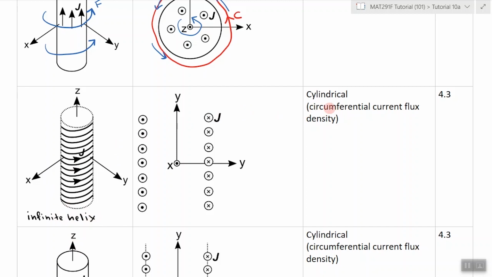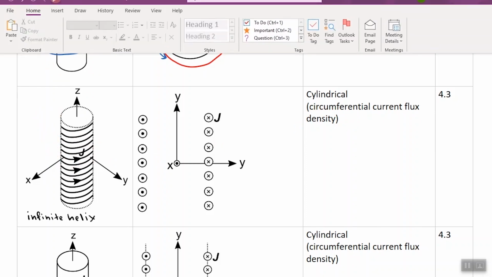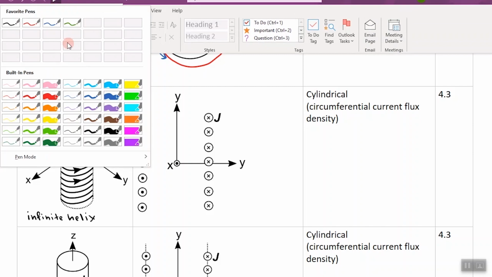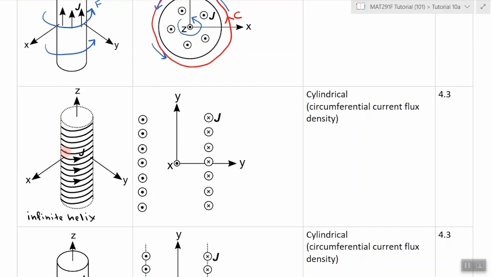The kind of current density you have is circumferential current flux density because it goes around the circumference instead of going like it did in this problem. The field produced, you could imagine aligning your thumb to the current density, and as a result, your field would go like this. Now, I want to mention there will not be any field outside of this helix.